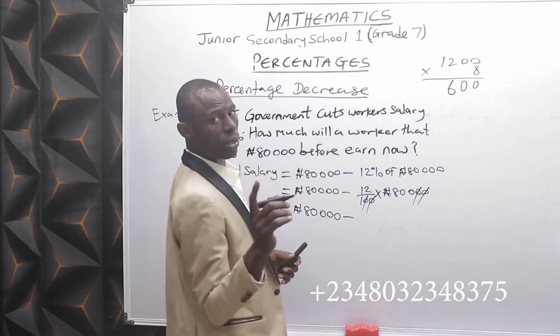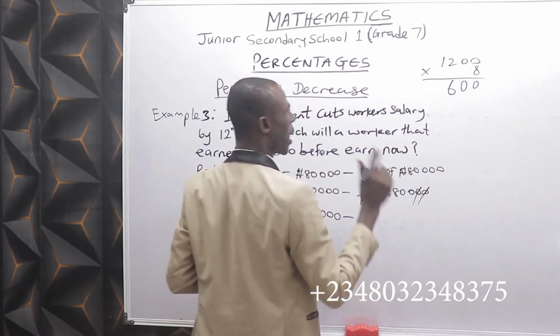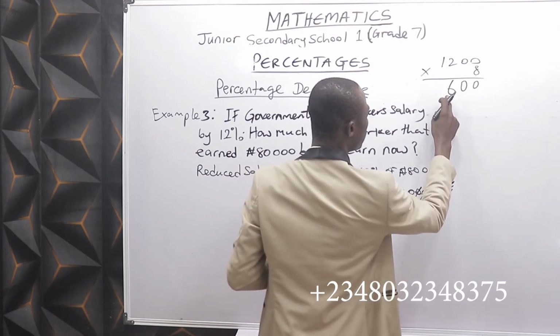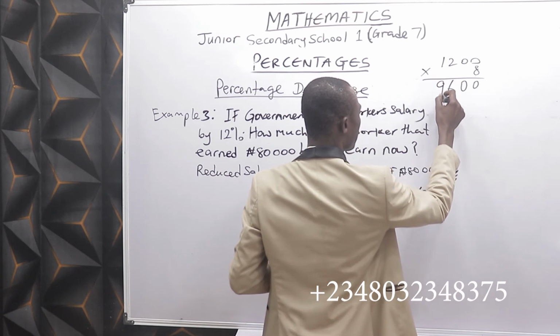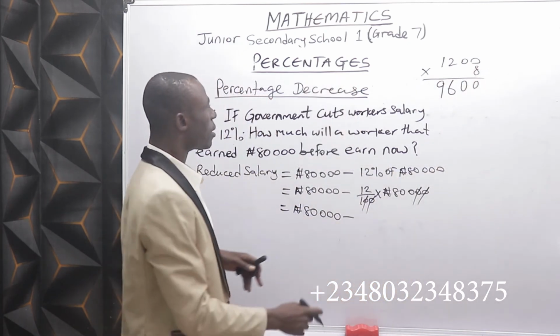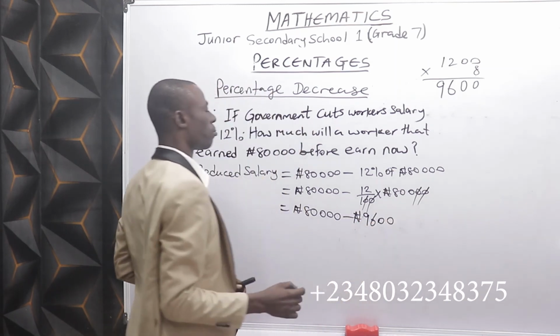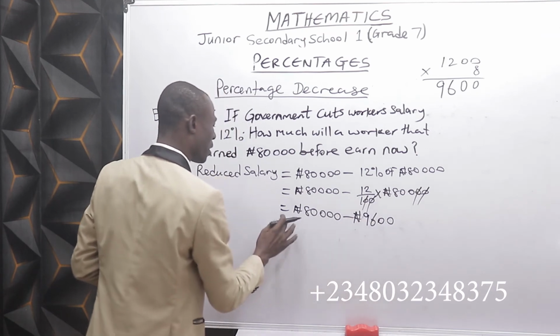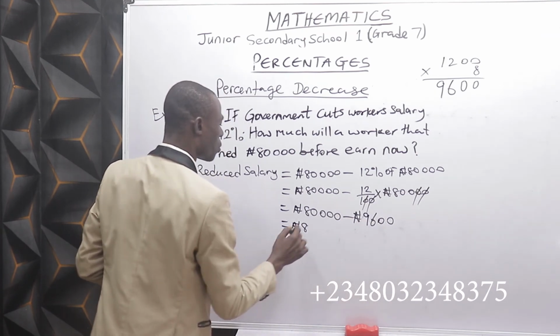You write 6. You keep 1. 8 times 1 is 8. Plus the 1 we are keeping. That is 9. Therefore, 12 times 800 is 9,600. So we now subtract 9,600 from 80,000.